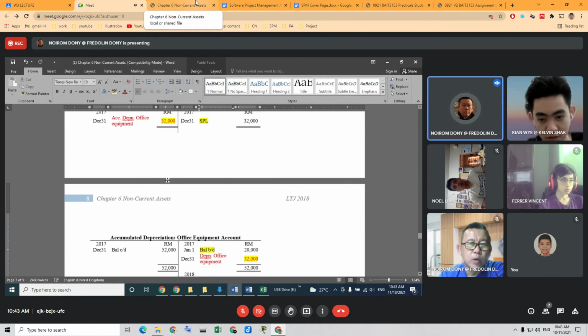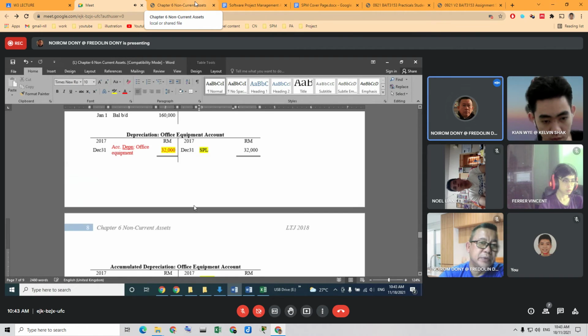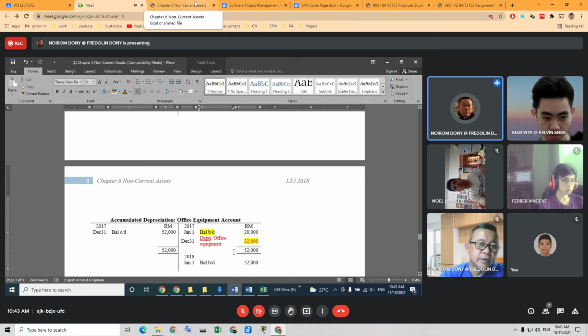But usually, what we allocated in the previous year, we already have 20,000, plus the current year 32,000, and this will be carried forward to the next following year again. And then when we provide depreciation during the following year, we do the same thing. We debit depreciation and we credit accumulated depreciation again.